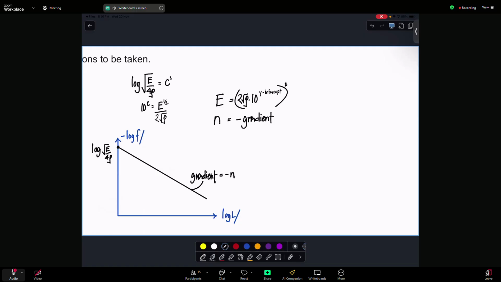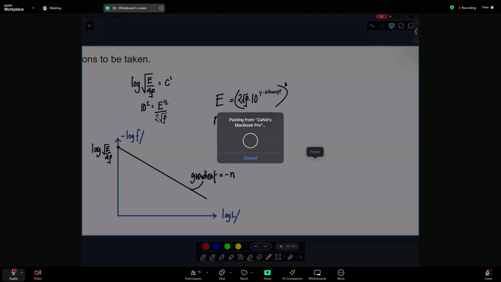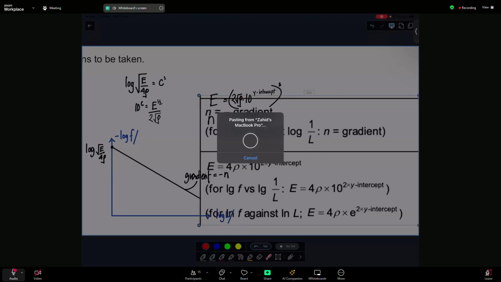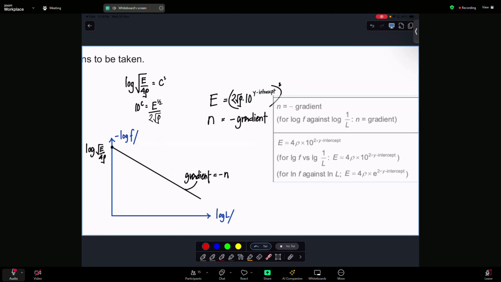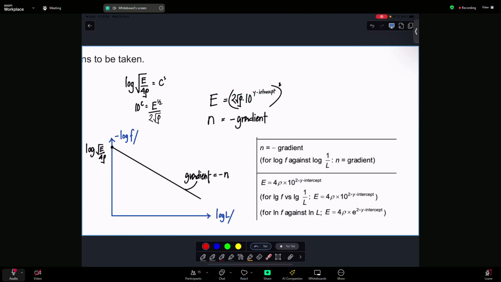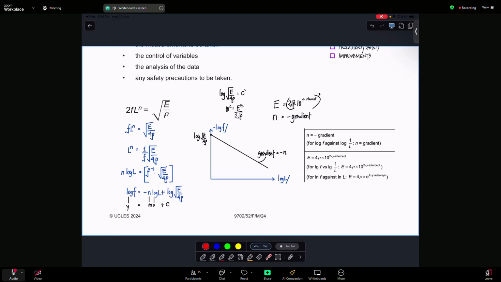They do what we discussed later: 4 rho 10 to the power 2 y-intercept, okay? And gradient n they say is the negative gradient. So let me just show you what the mark scheme gives in the exam. This is what they provide in the mark scheme. They don't show you how to get the value, they'll just say that this is it. Do you know how many marks they have given for this? One. It's 1 mark.